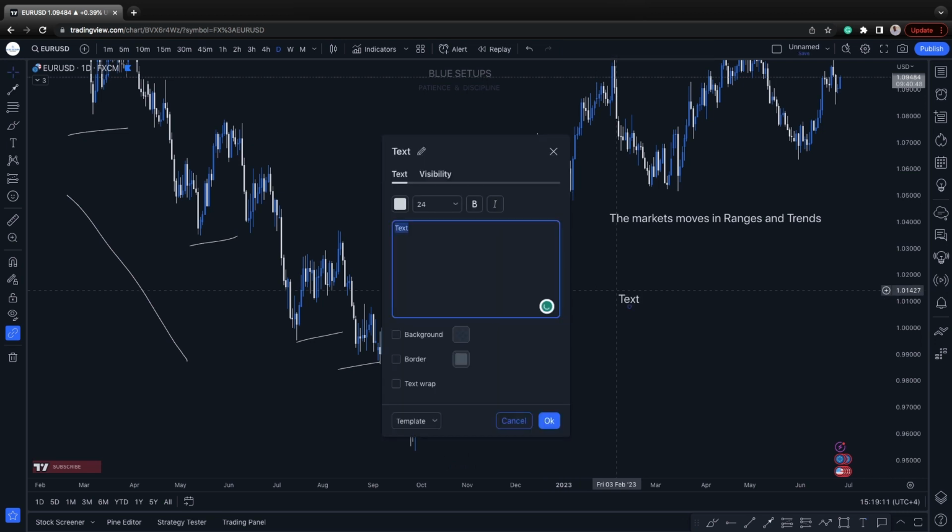You should always see a structure being put in place. You have to see market structure being put in place. After that market structure, what next do you want to see? You want to see your supply or demand.